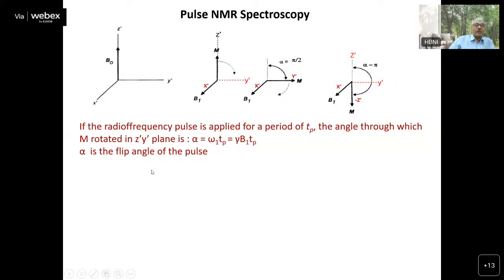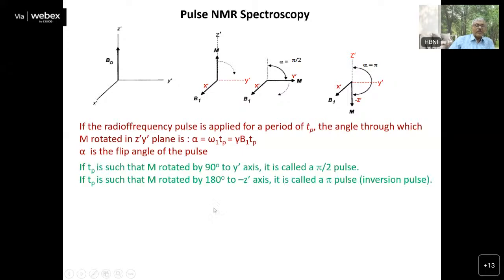This alpha is called the flip angle of the pulse. If Tp is such that M rotates by 90 degrees, we call this a pi/2 pulse. If Tp is such that M rotates by 180 degrees, so that it reaches the minus Z prime axis, it is called a pi pulse, also called an inversion pulse.